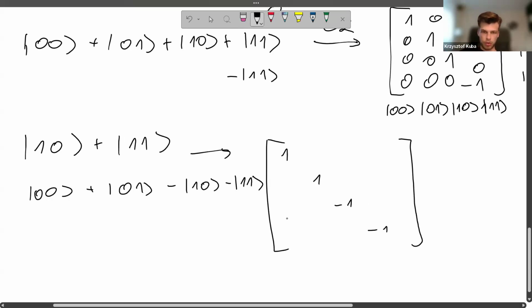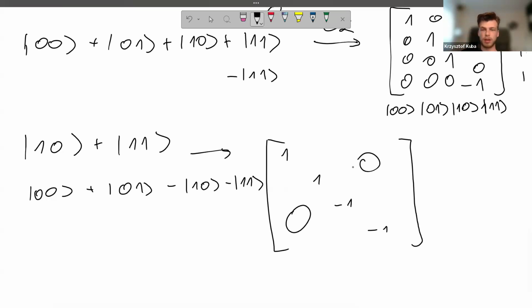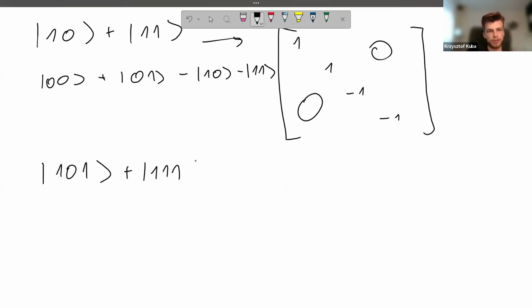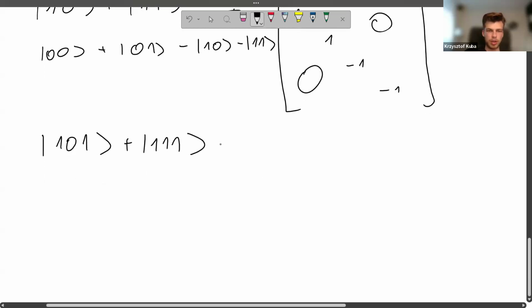Yep, so this is how this should work. On the other hand, if we had an oracle like 1, 0, 1 and 1, 1, 1, this would be an 8 by 8 matrix, which is kind of tricky, but we'll do a different trick.